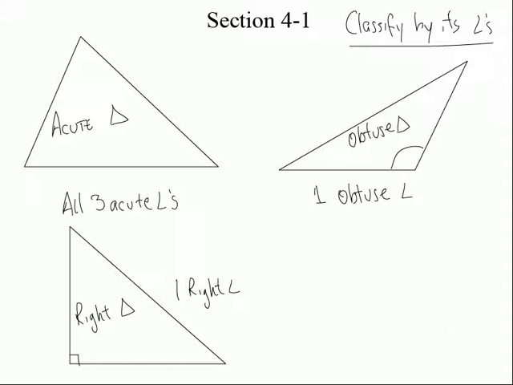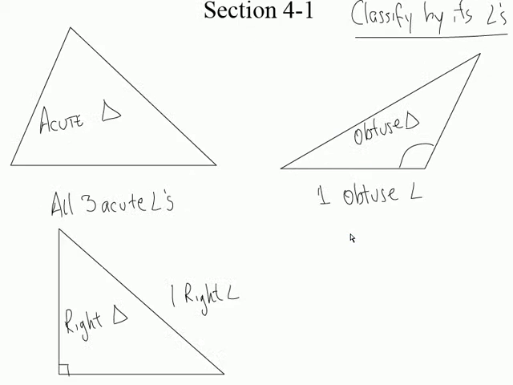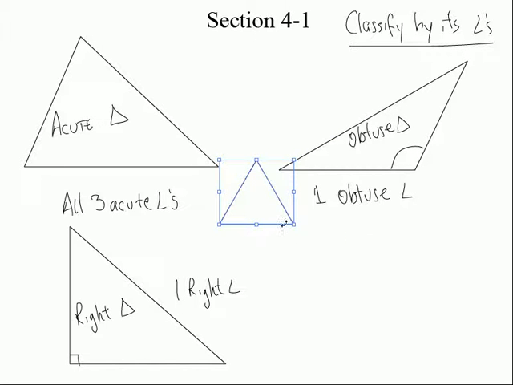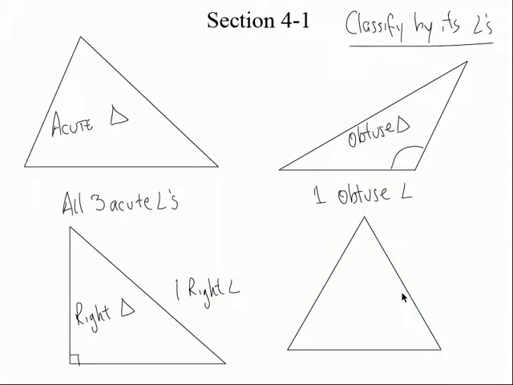Let's do another one. I got to scoot over here, grab this, and put it right here. Everybody watching this? Now, I made this the other day so that all three angles are exactly the same. So this angle equals this one equals this one. All three angles are equal, or congruent.